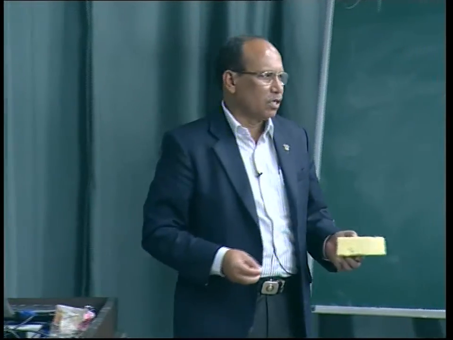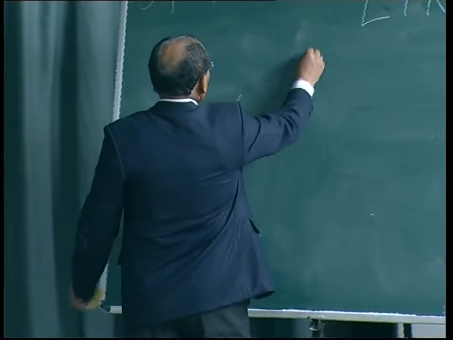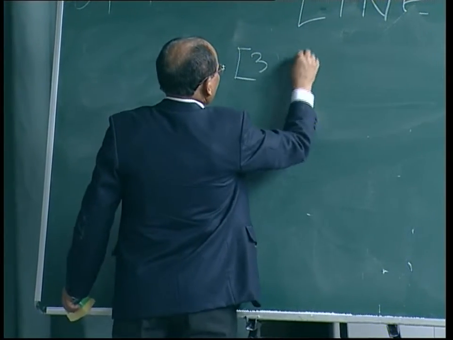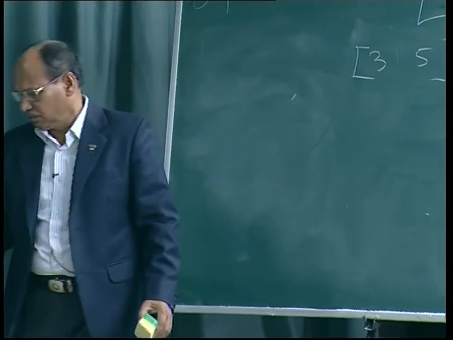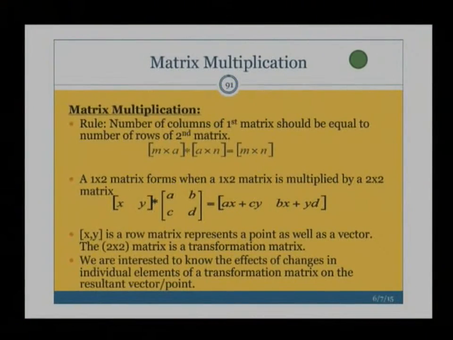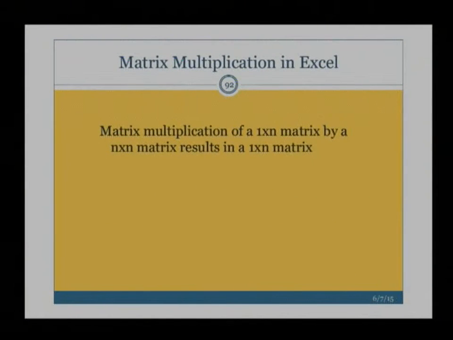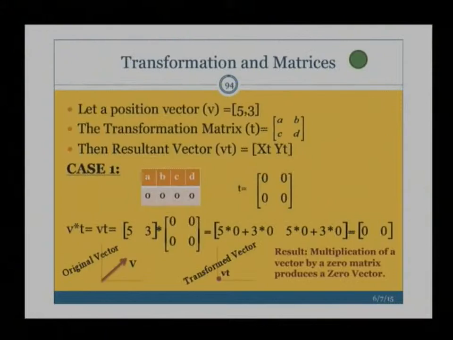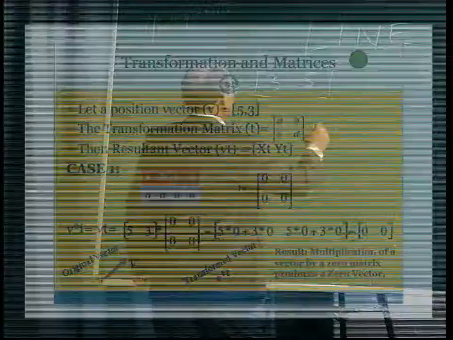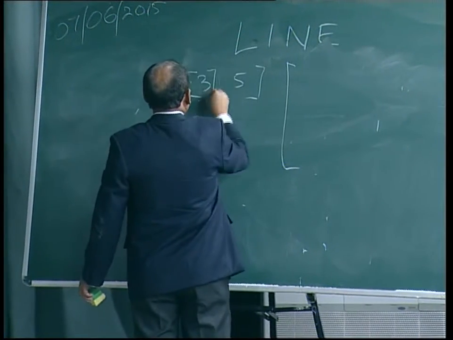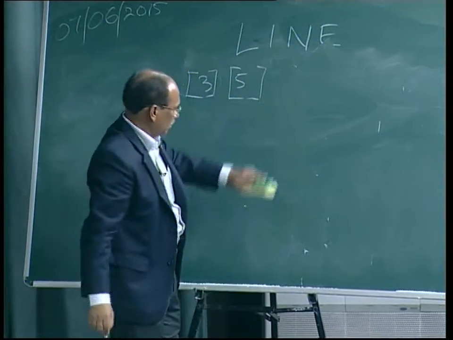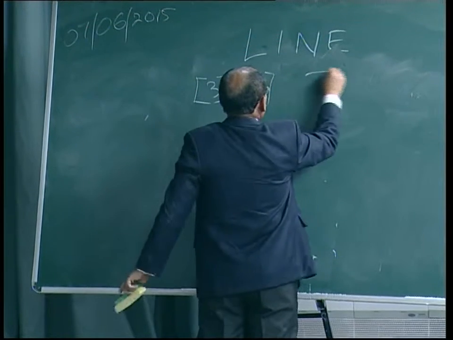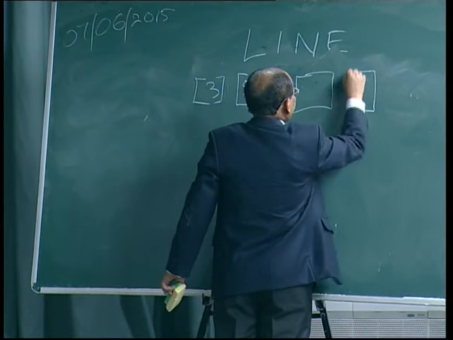So first thing we will draw a point. We know how to plot a point. Now just put in cell 1, cell 2, the numbers 3 and 5. In Excel there will be no line like that, so you can put 4 numbers in 4 cells, any numbers.